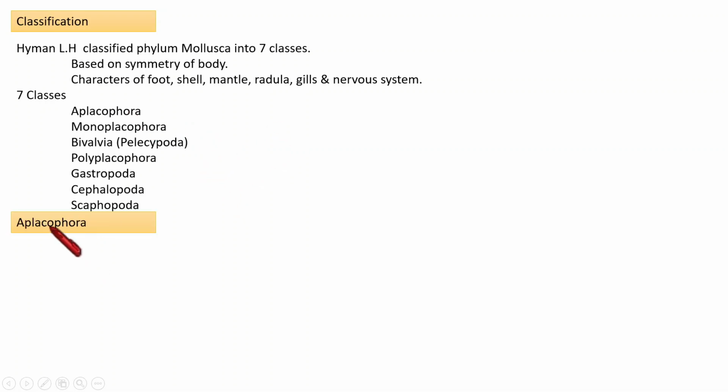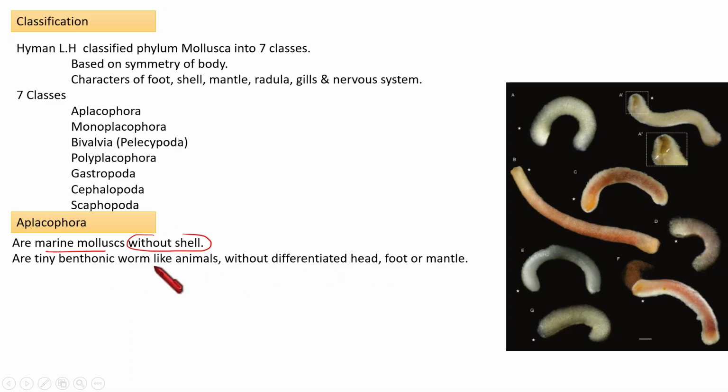Okay, the first one, Aplacophora. They are marine mollusks without shell, and also primitive and worm-like. Benthonic means they dwell at the bottom portion of the ocean.